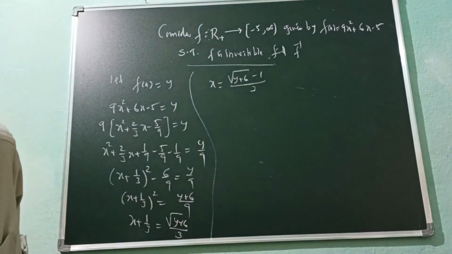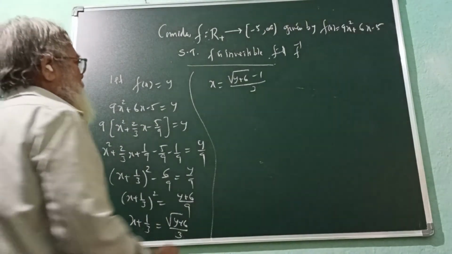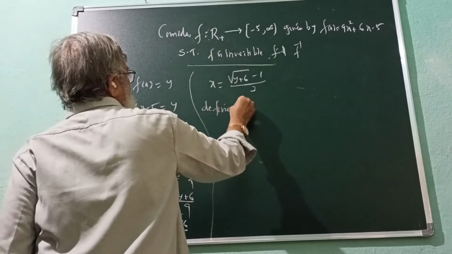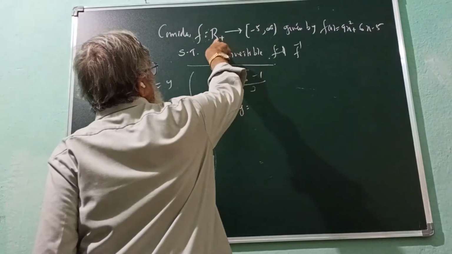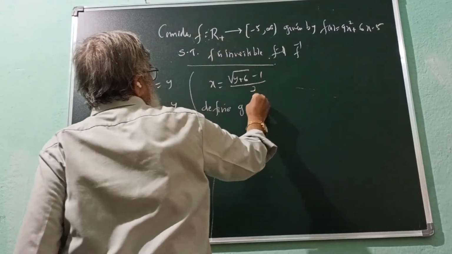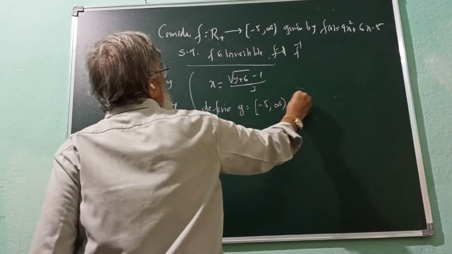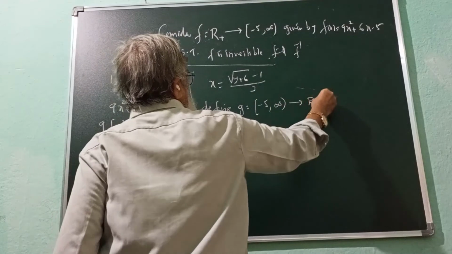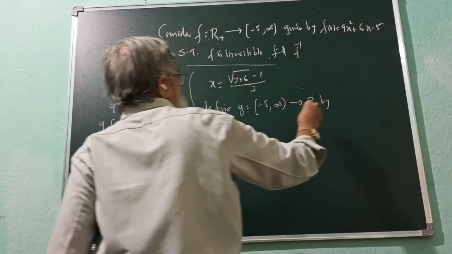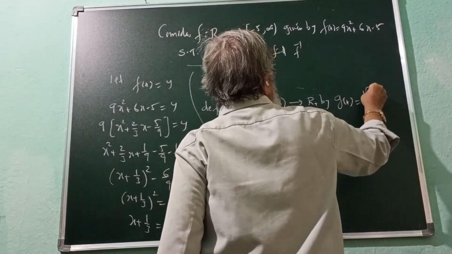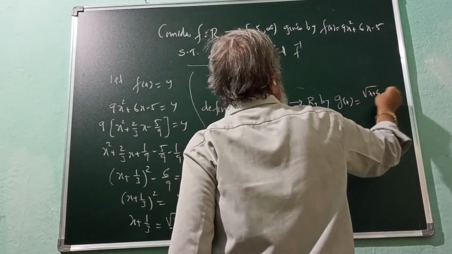So g is defined from R plus to this interval, g will be from this interval to R plus. That is, g of x is equal to root of x plus 6 minus 1 by 3.